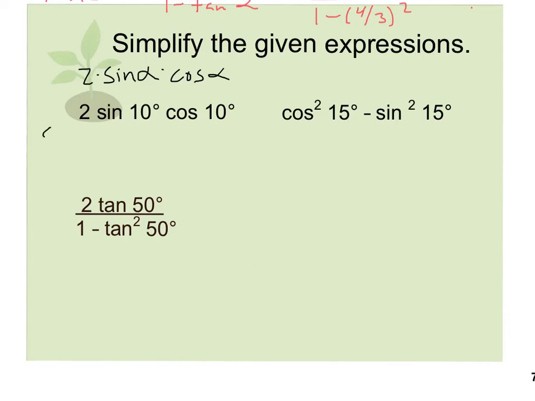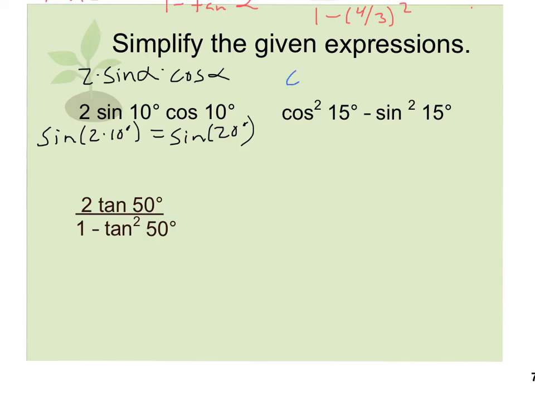That's the double angle formula for sine. So I could say that equals sine of 2 times 10 degrees, which is the sine of 20 degrees. There's really nothing we could do there in terms of simplifying it further. We could go to the calculator for a decimal approximation, but as far as an exact answer, that's where we'd have to call it quits.